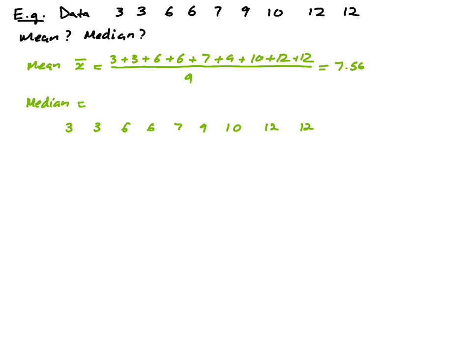So let me first remove 3 and 12. And then I want to remove 3 and 12 again. Then 6 and 10, 6 and 9. So now I end up with 1 value in the middle, right? And that value is going to be equal to my median. So the median in this case is going to be 7.